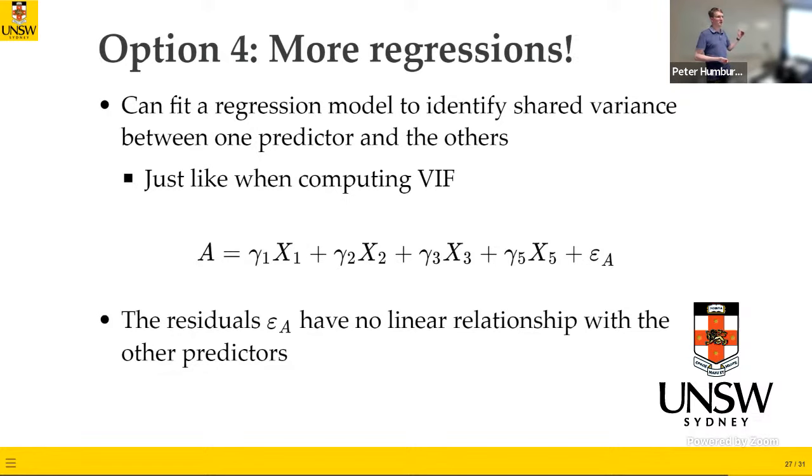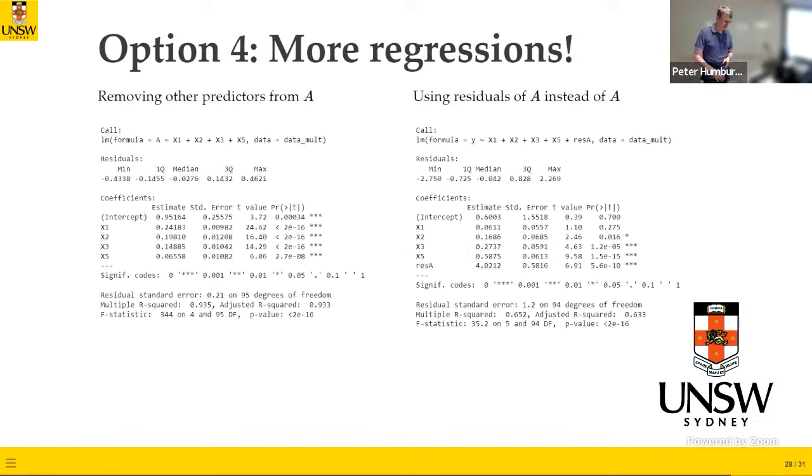And I think you might want to keep the intercept too. And so these are the parts of A that aren't really explained by your other predictors. And you can take that and include that in your model instead of A, which I've done here. So I think in this case, on the left-hand side is just the regression I did for A. And on the right-hand side is the resulting model that we actually care about.